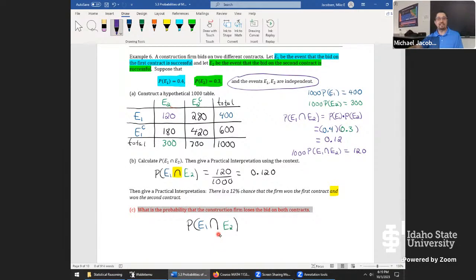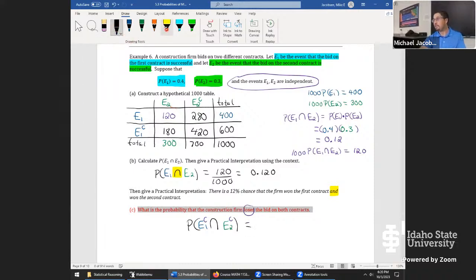I mean, we've already calculated that. Anyone see what needs to go next to E1 and E2 to make this fully correct? Exactly. When it says loses the bid, that's contrary to when they won the bid. So we'll put here the complement, and the complement here as well. Only because they said loses, we had to go that direction.